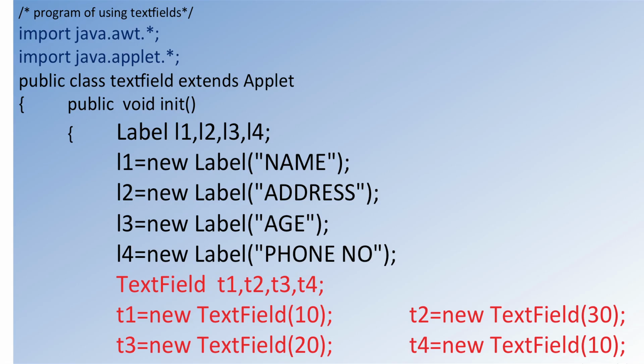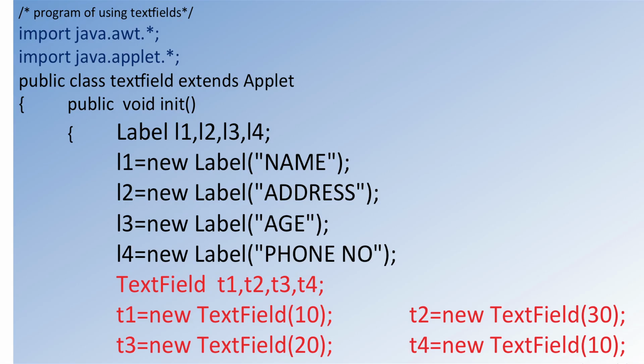So we have already taken a higher size than T1. This is for the second label, the address, and this is for text field 2, T2, where we will save the address. Third one is age, fourth one is the phone number. Basically a phone number takes 10 digits, that's why the size of the fourth text field is 10.